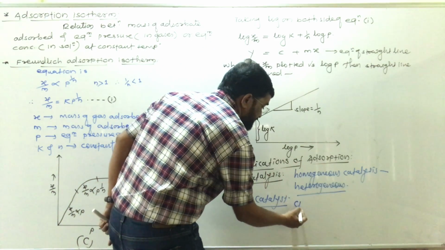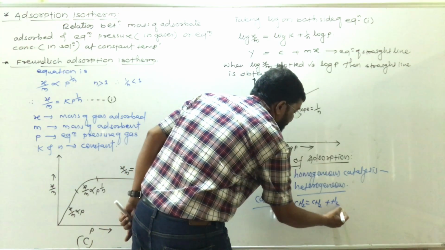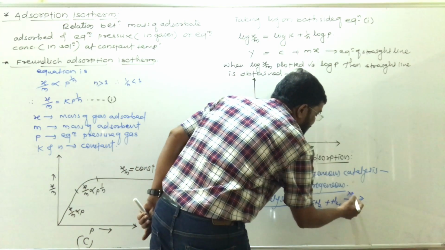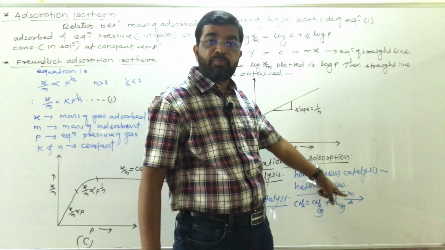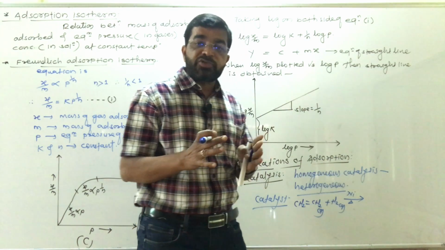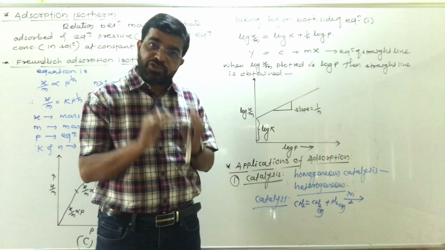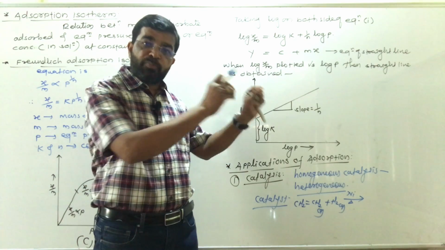See a simple example, CH2 double bond CH2, ethylene gas, with hydrogen gas, in the presence of nickel as catalyst. So what happens? Ethylene gas and hydrogen gas get adsorbed on the surface of nickel catalyst.